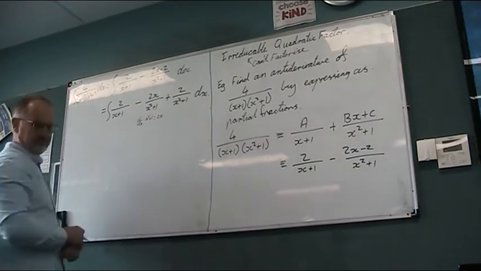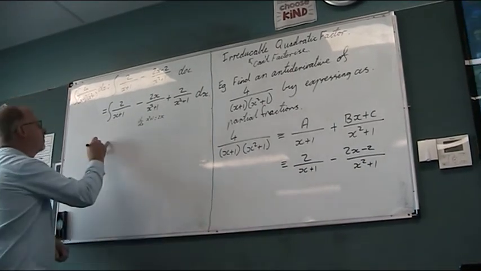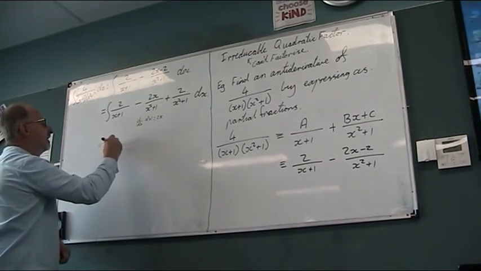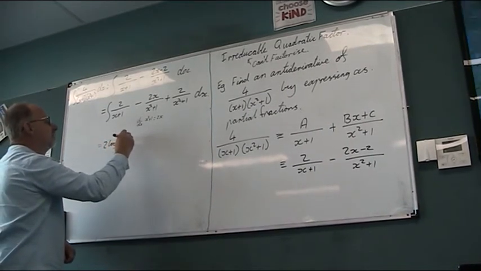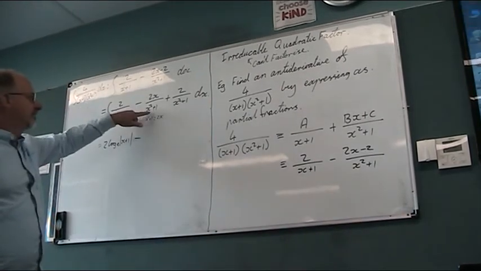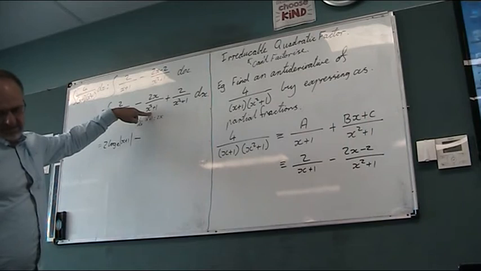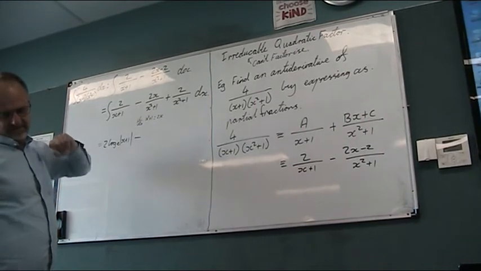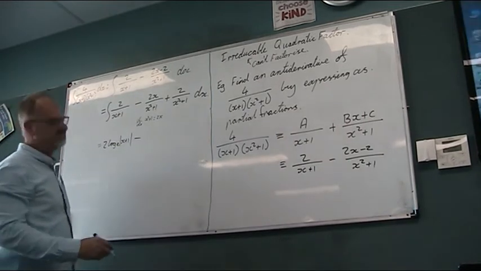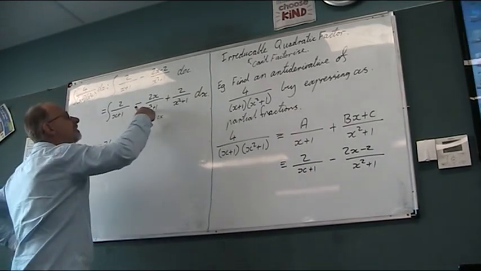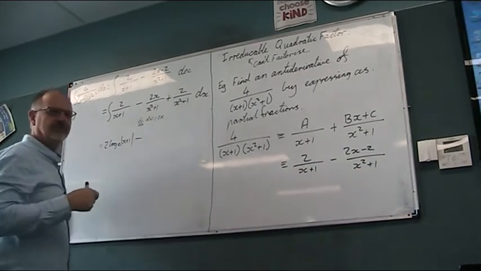So as a shortcut, this first one here is 2 log to the base e of x squared plus 1, because that's the derivative of this. So when we anti-differentiate, now, x squared plus 1.